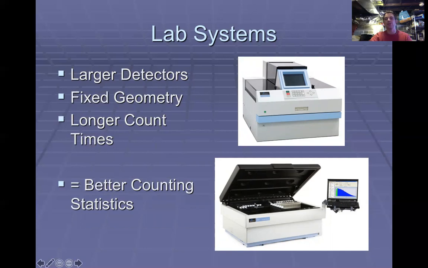This is actually a liquid scintillation counter, similar to a gamma counter, except instead of having that sodium iodide crystal that is the detection medium, you actually put in what's known as a liquid scintillation cocktail. The scintillation medium is in the cocktail itself, along with some pretty harsh solvents. The idea being that if you take a wipe of a surface, you can get some of the contamination there.